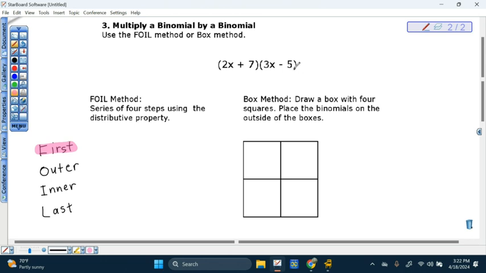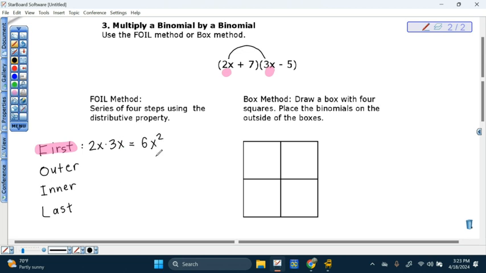Okay. So looking at these 2 binomials here, what would be the 2 first terms? The 2x and the 3x. Okay, so this is where the little rainbow thing comes in. I'm going to do 2x times 3x. What's 2x times 3x? Good. 6x squared.